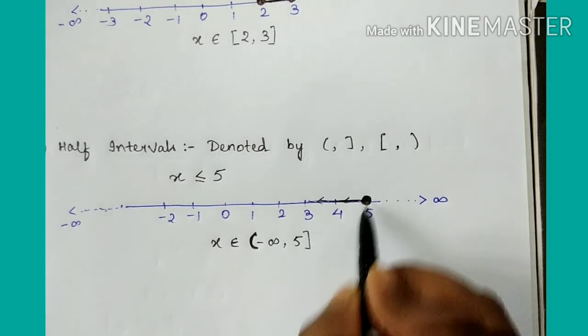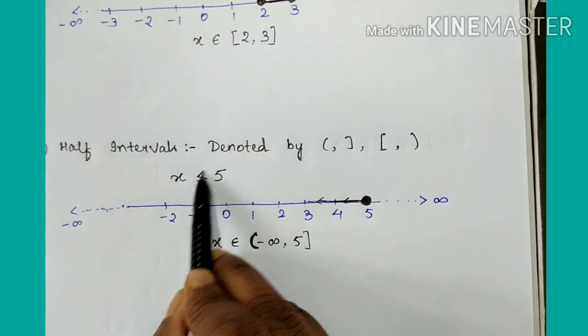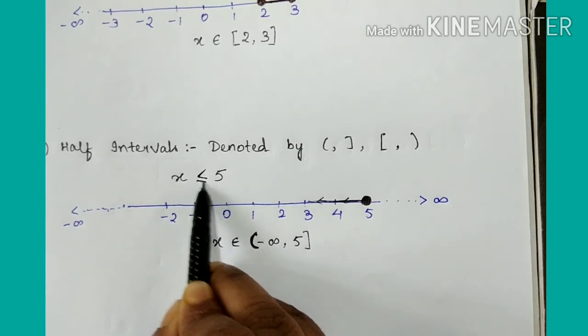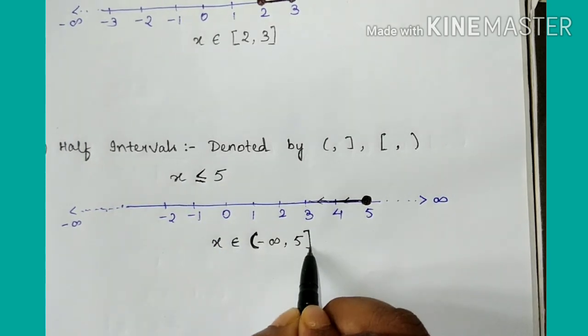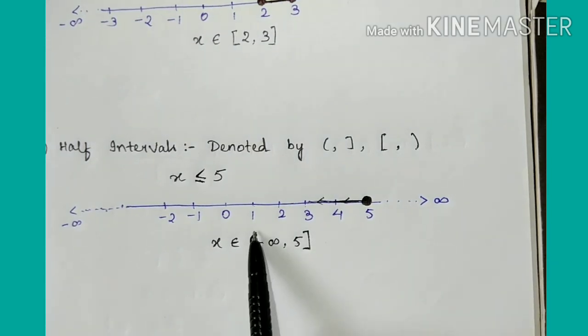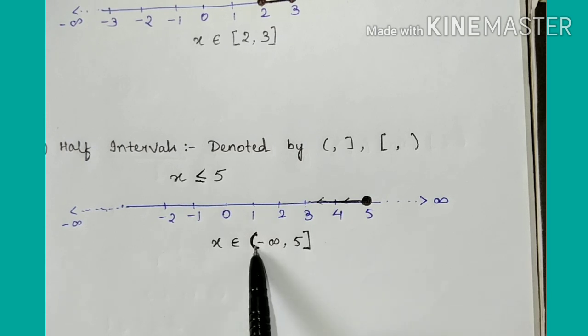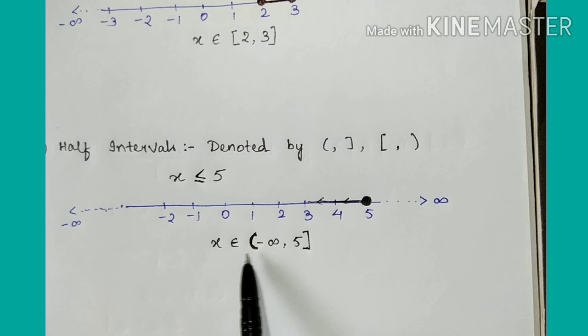Here the point 5 is included in the solution set since it is given here less than or equal to sign, so we use close bracket here. Friends, see, here one bracket is open and the other one is closed. That is half open and half closed. This type of intervals are called half intervals.